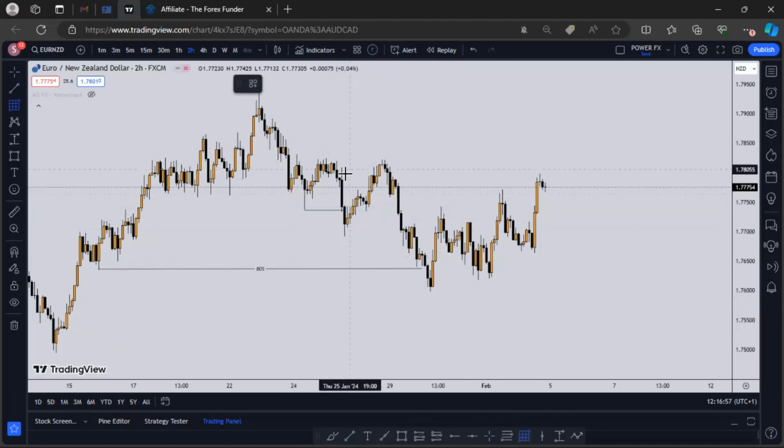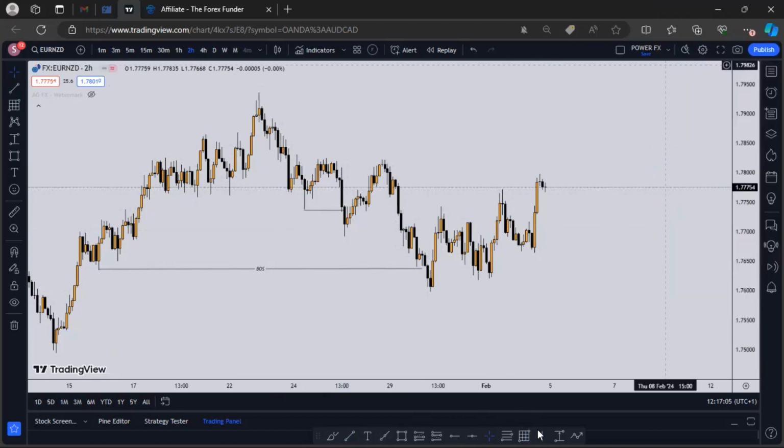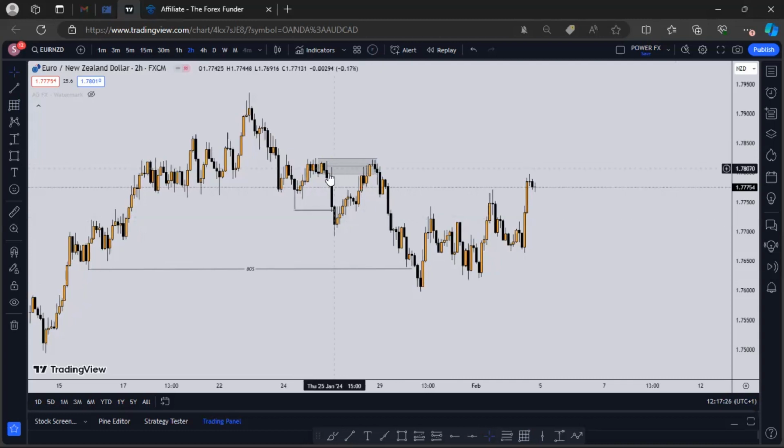Price went all the way to the upside, mitigated on the supply zone, came all the way to the downside, causing this break of structure and this overall break of structure here.